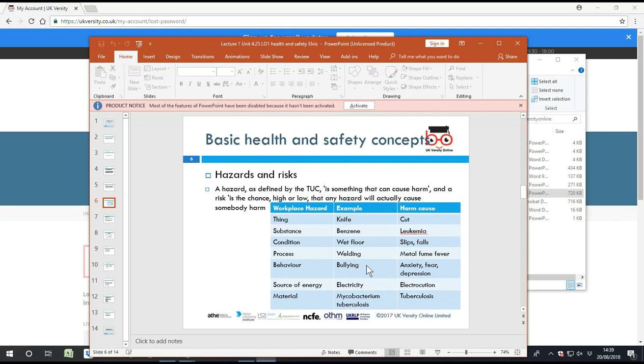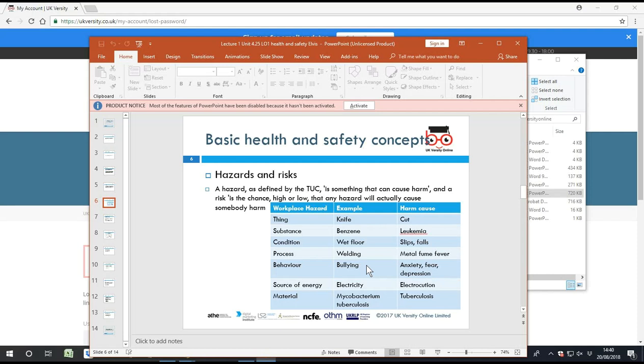And risk is simply the chances of that hazard happening. And it could be a high risk, low risk, or medium risk, depending on how you see it, that any hazard will actually cause somebody harm.